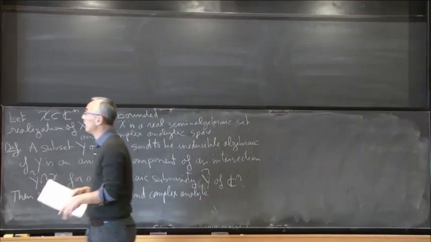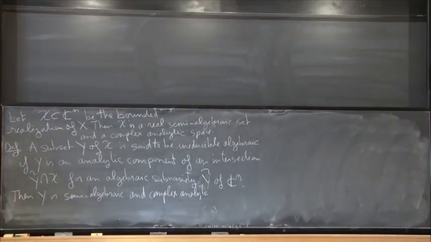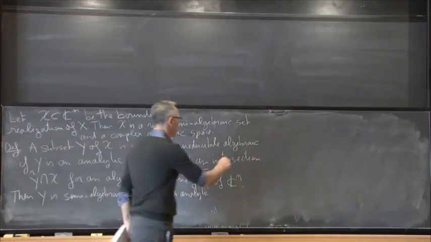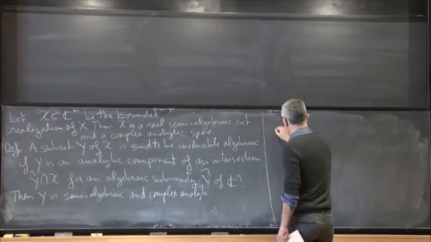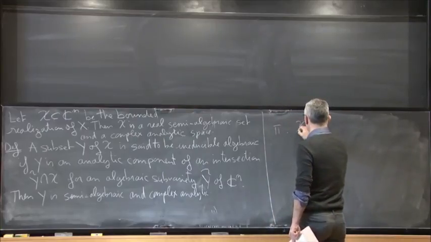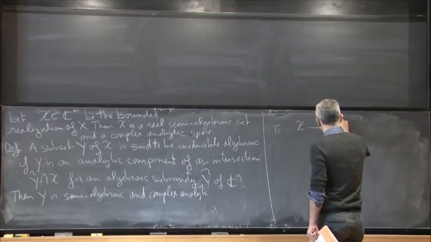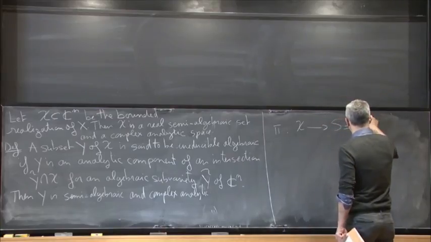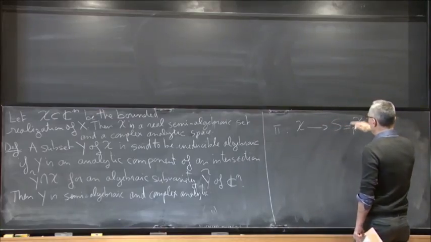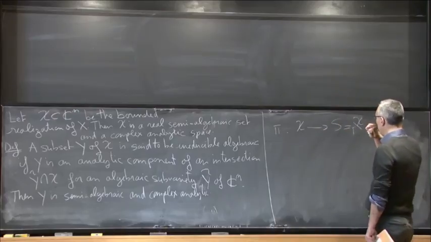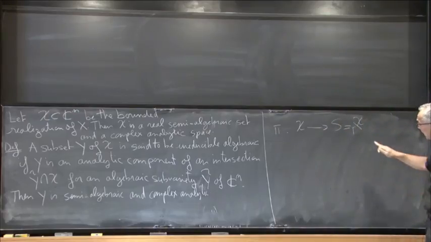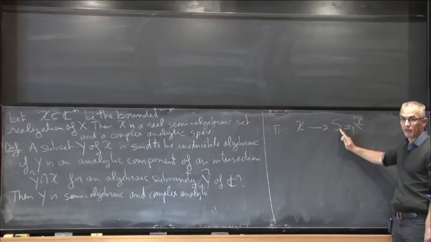So the important thing for us is that we have a uniformizing map, say pi, from the realization to the Shimura variety. And there is a notion of algebraicity here.